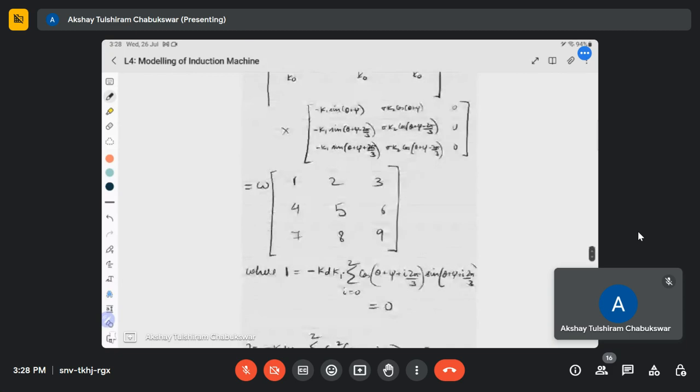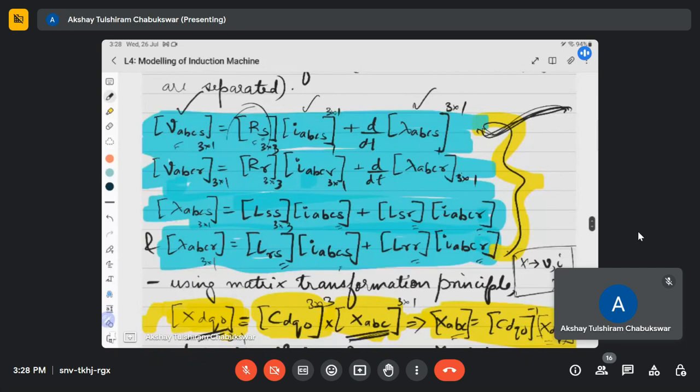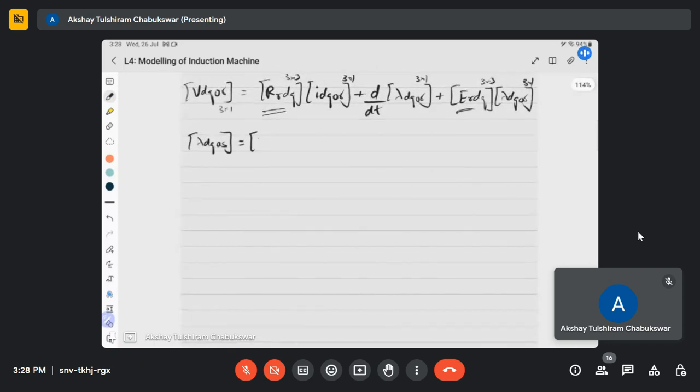If we substitute in these equations for lambda ABCs, basically for the lambda, I will directly write it like this: some Lss dq into I dq0s, plus some new matrix Lsr dq, which is again 3 cross 3, into I dq0r, which is 3 cross 1. You have to find these.